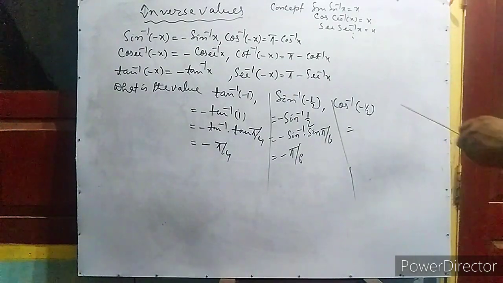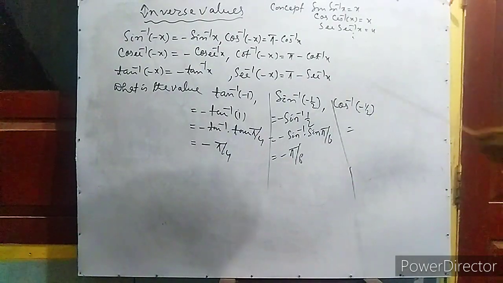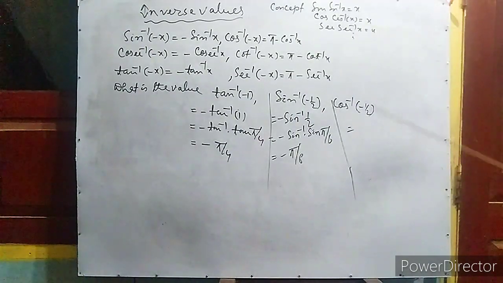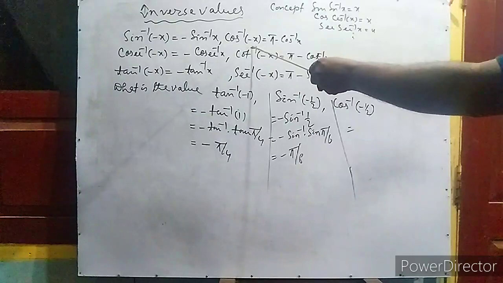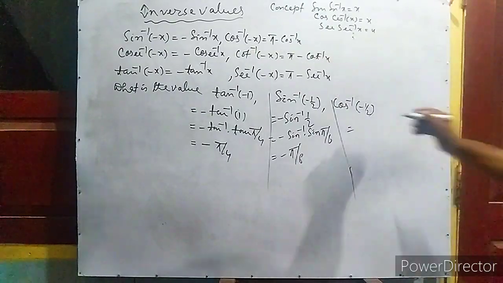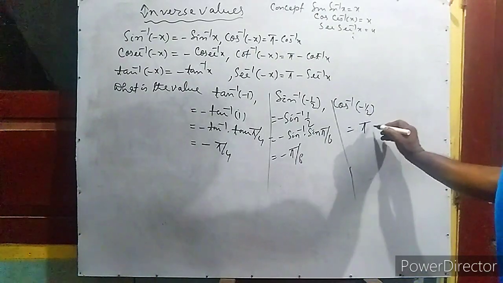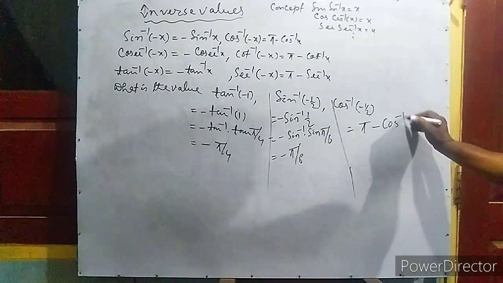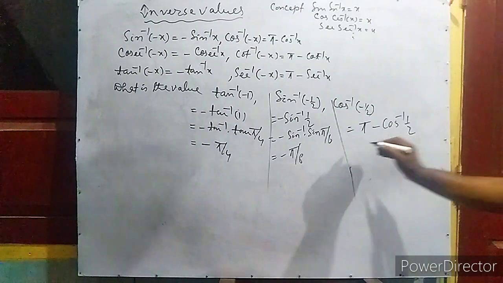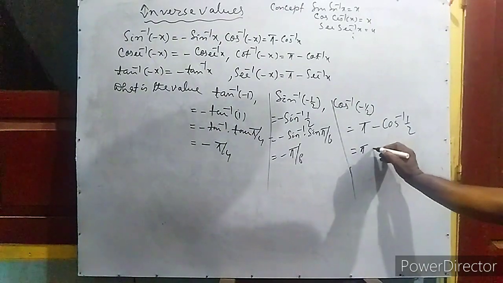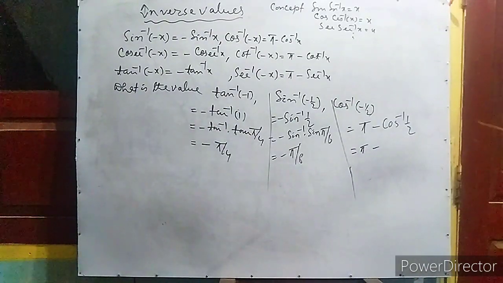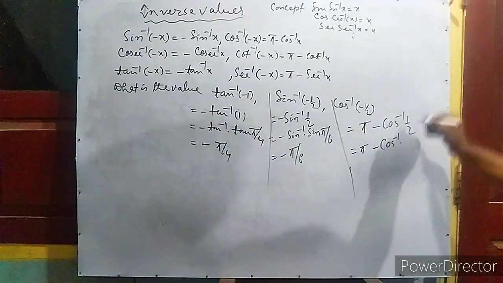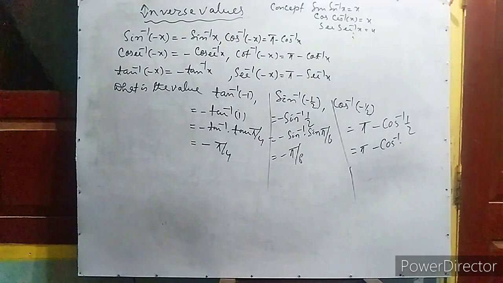But in the third case, it is a little different. Here the minus cannot come outside. By using this format, instead of cos inverse minus x, you write pi minus cos inverse x. Here also you write pi minus, with the minus going outside, then cos inverse 1 by 2. Cos inverse 1 by 2 means at what angle is cos 1 by 2?